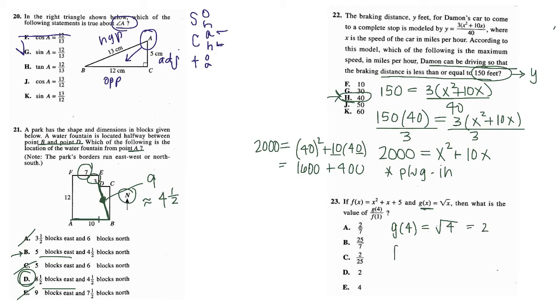And then F at 1, same situation, go to the function F and plug in 1. So I have 1 squared plus 1 plus 5. Oops, forgot my plus sign. Notice that's going to be 7. So the value of G of 4 over the value of F at 1 is going to be 2 over 7. So that gives us answer choice A.